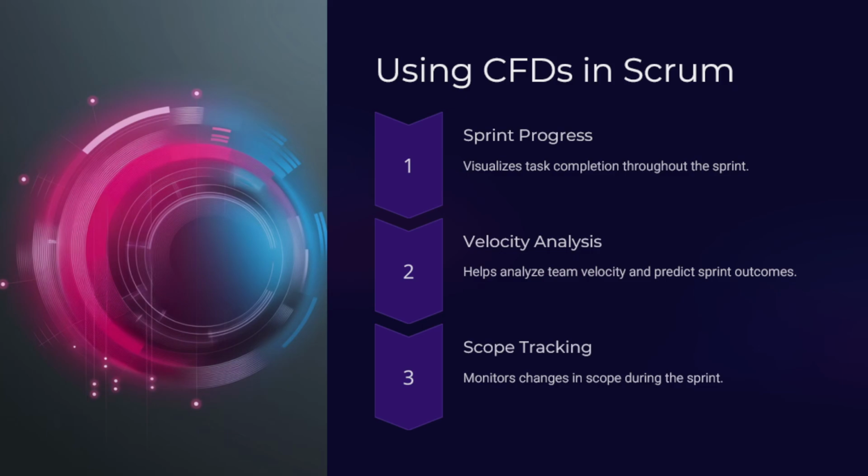And to see how the CFD can also help us in Scrum. In Scrum, the CFD is used to visualize the sprint progress from initial backlog to task completion. As we could see in the previous slide, we have a ready phase where it shows the number of items that are ready in the backlog to be moved to development.